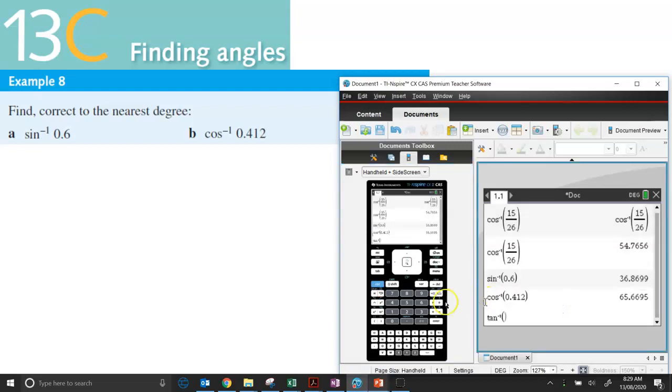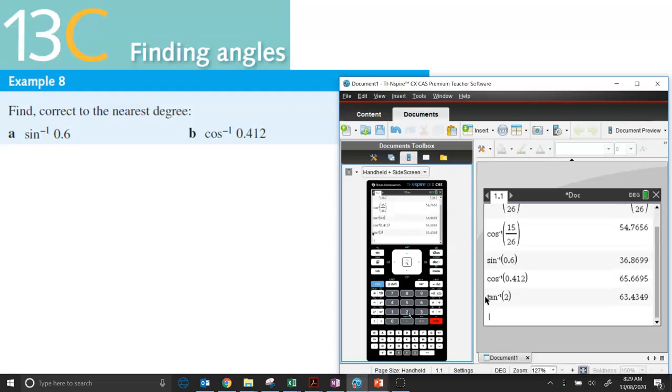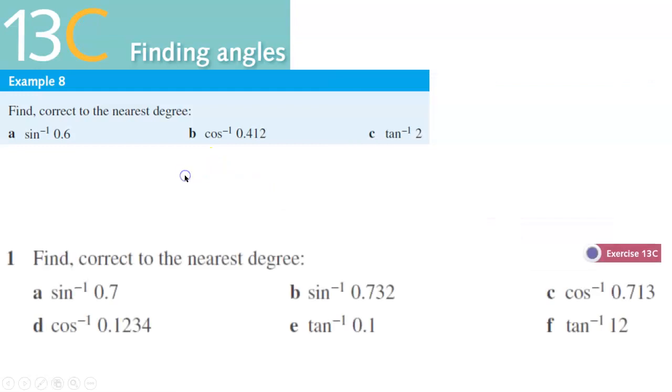Inverse tan 2. Close the bracket, press enter. That gives me 63 degrees to the nearest degree. Pause the video now while you have a go at question 1. And here are your answers.